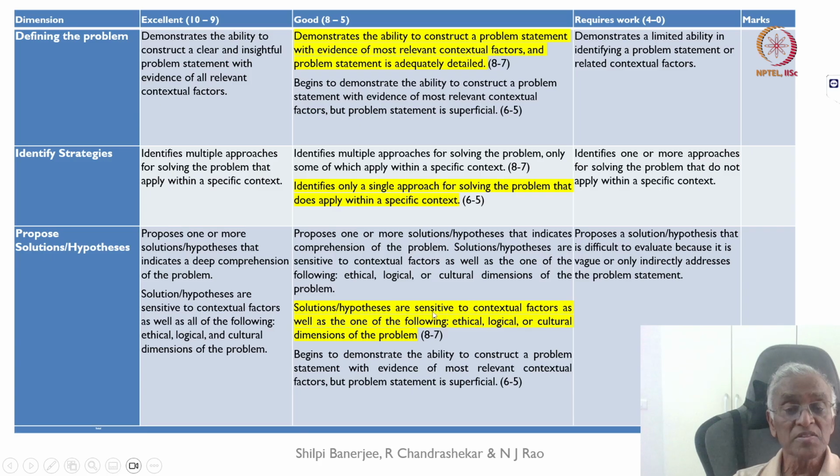The solution hypotheses are sensitive to contextual factors as well as one of the following: ethical, logical, or cultural dimensions of the problem. 8 to 7, a subjective number we give here.